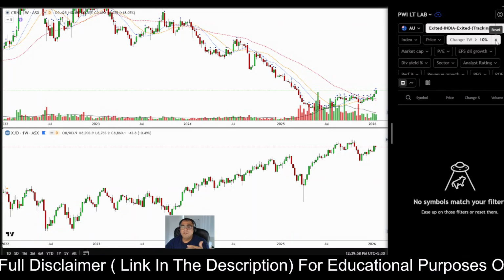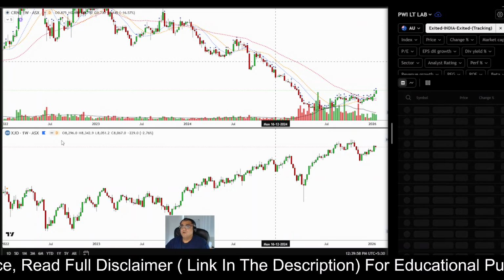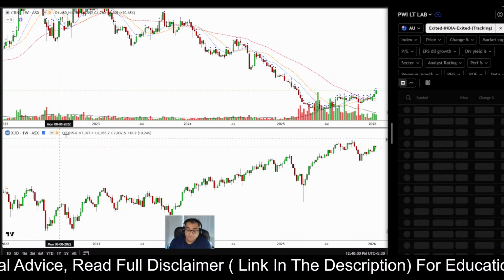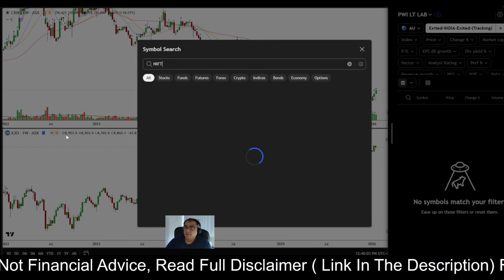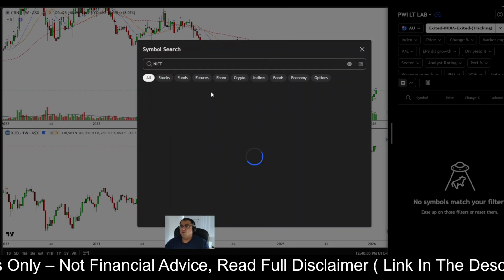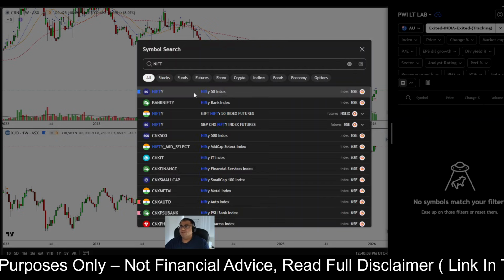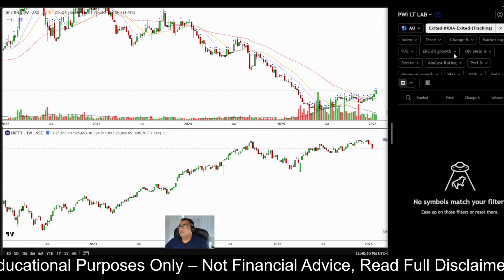India market is going really bad. And if I look at Nifty, Nifty itself is correcting a lot. So you're not going to find much, so you have to find stocks which are fundamentally good.